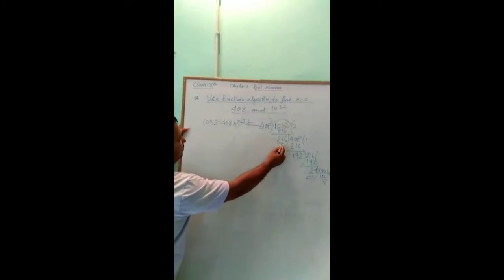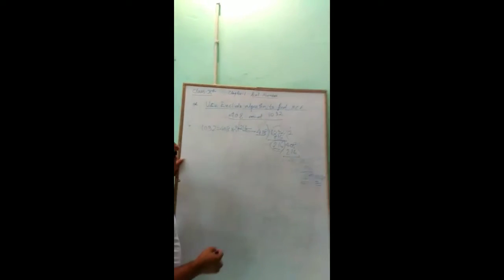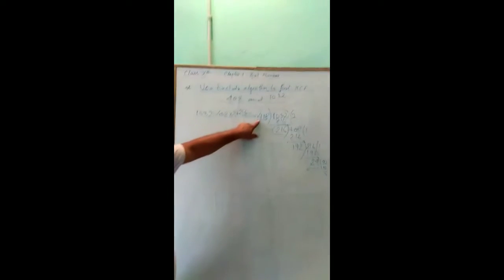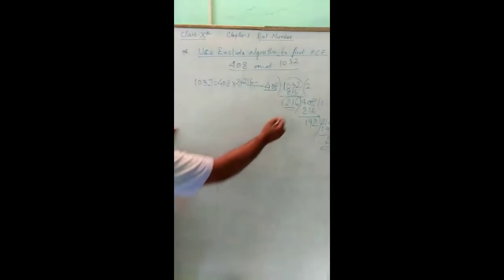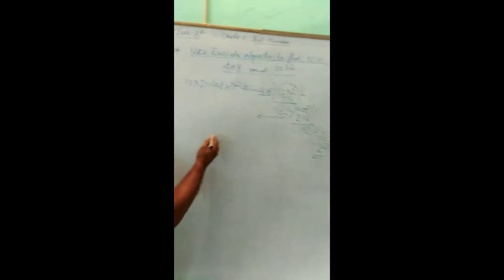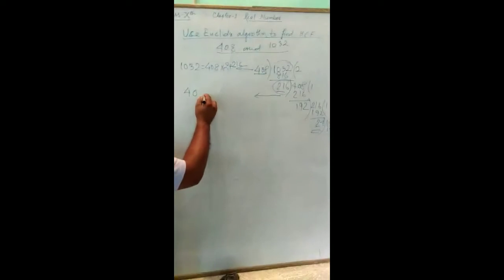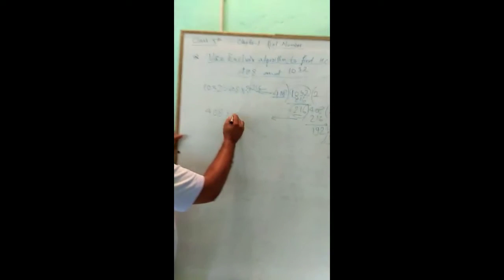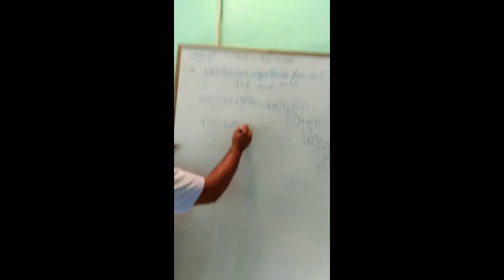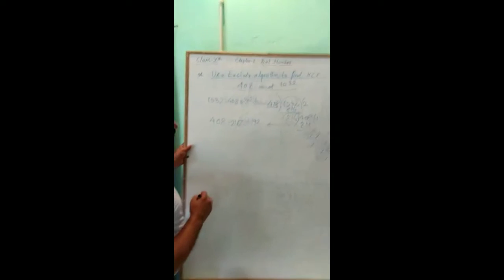Again, here we get the remainder. Now divide by remainder in 408, in second step, we can write that 408 is equal to 216 into 1 plus 192.